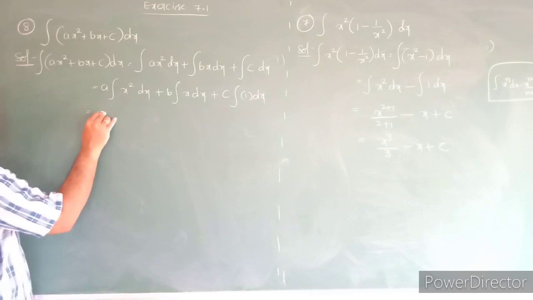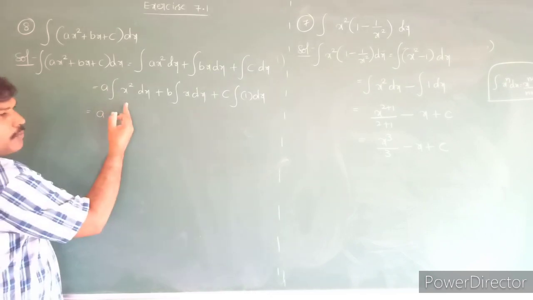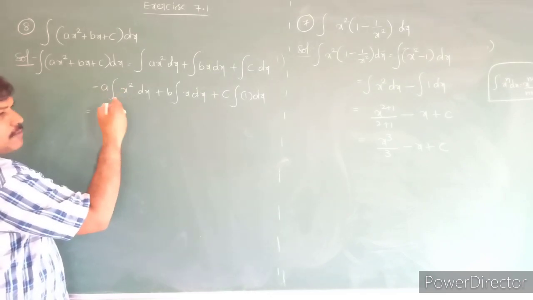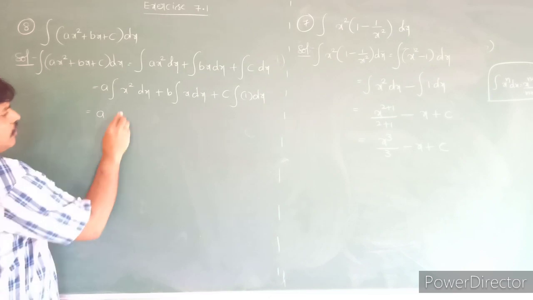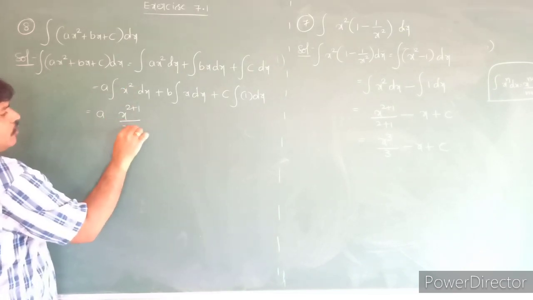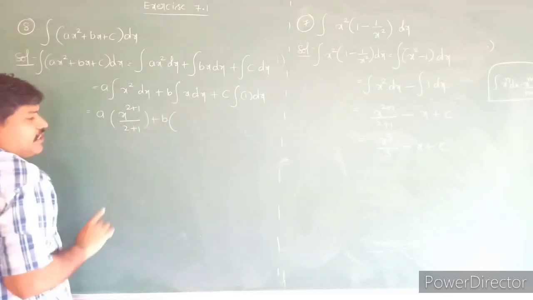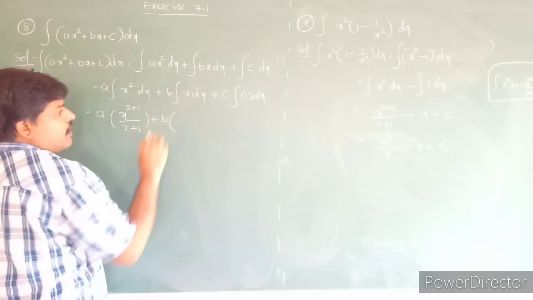So that is equal to a into, as I just gave the formula, integral of x power n is x power n plus 1 by n plus 1. So here x power 2 plus 1 by 2 plus 1, plus b into the integral of x, where the power is 1, yes or no?